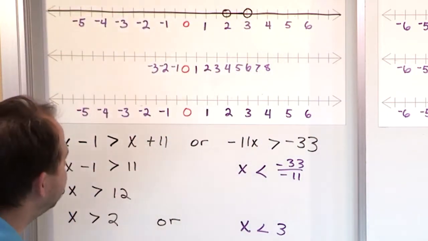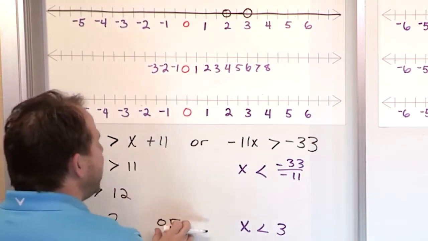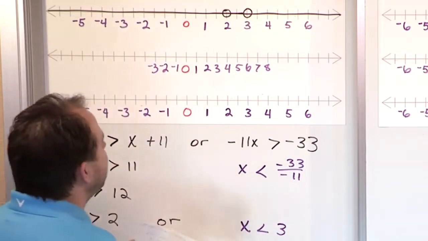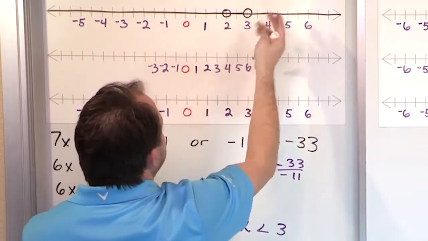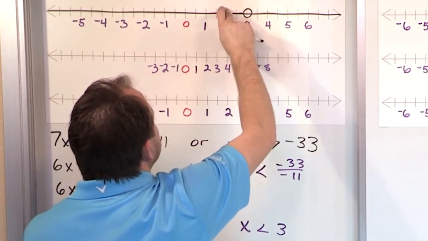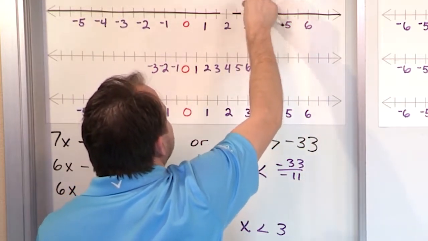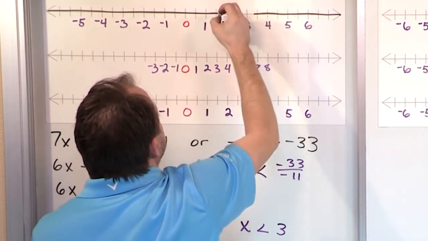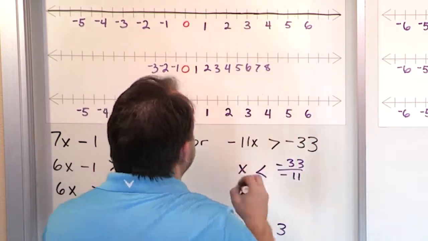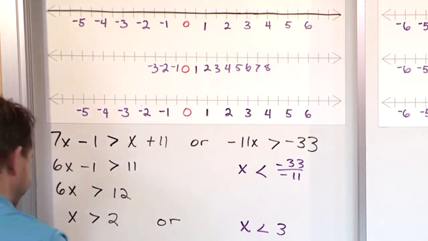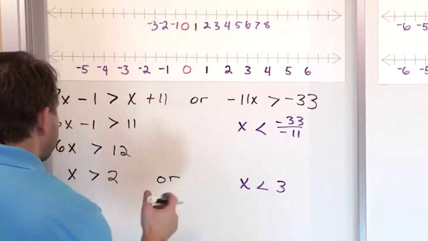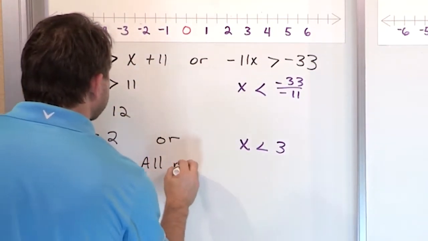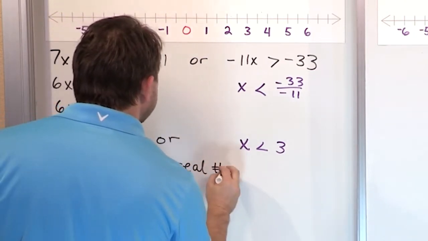Because they're ORed, either one has to be true, and because they overlap like this, all of the numbers on the number line are valid solutions. So we can take away our little open circles and just close everything up, and the answer is all real numbers.